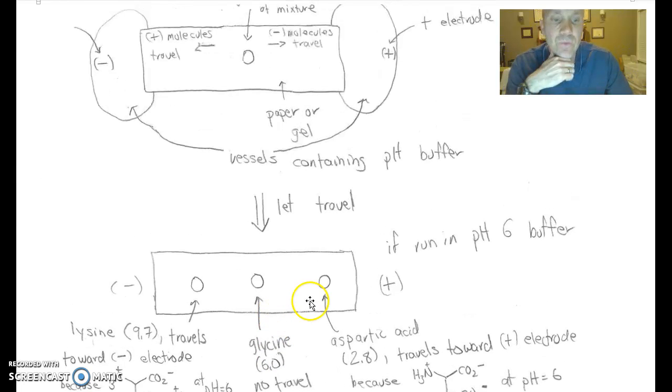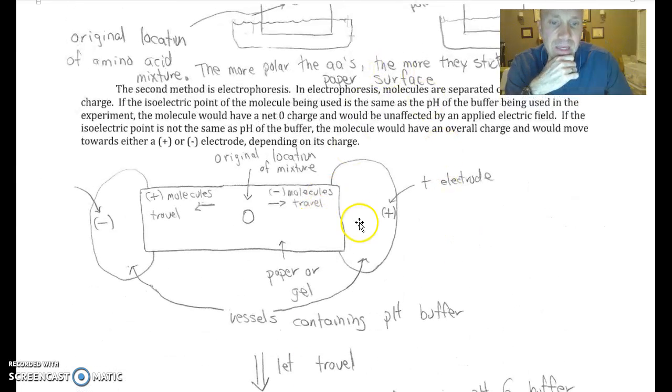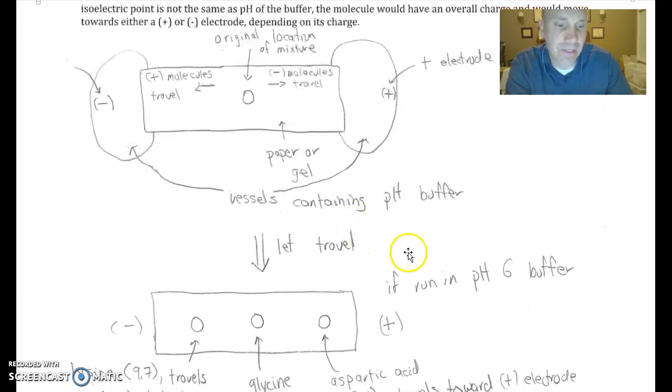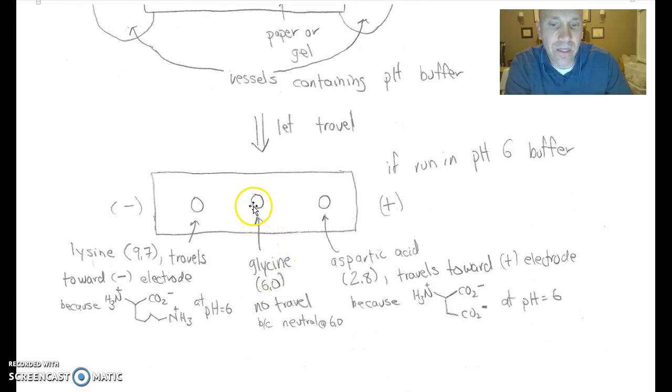If the buffer were at a pH of 6, glycine would not move at all, because its isoelectric point is 6.0. At the pH of that buffer it would be completely neutral, with no reason to move towards the positive or negative electrode.